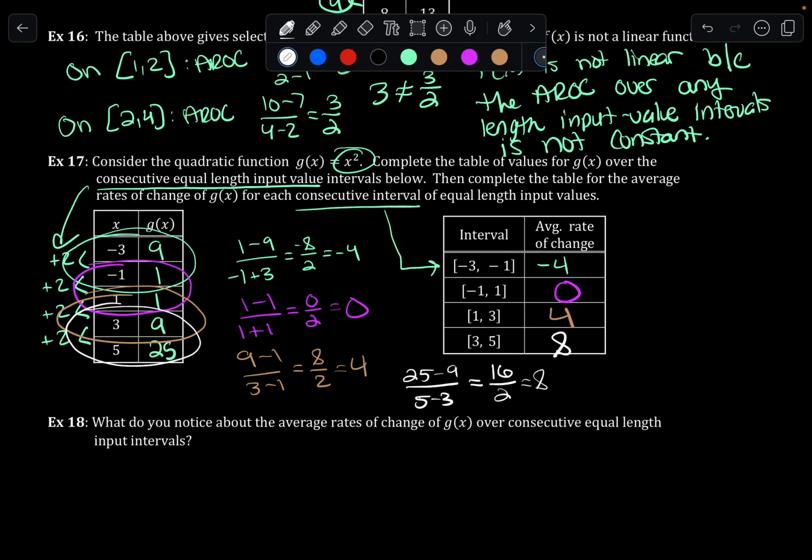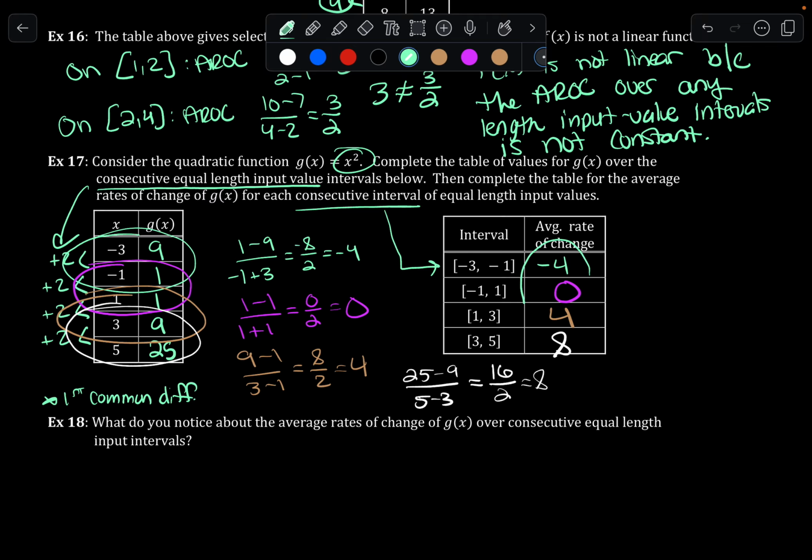All right, so what we just took care of over here, this is the first common difference. I'm just going to write first common diff. So we can figure out the first common difference even if the intervals are not spaced out by 1 for the inputs, okay? So whenever you find the rate of change of a function, that is the first common difference.